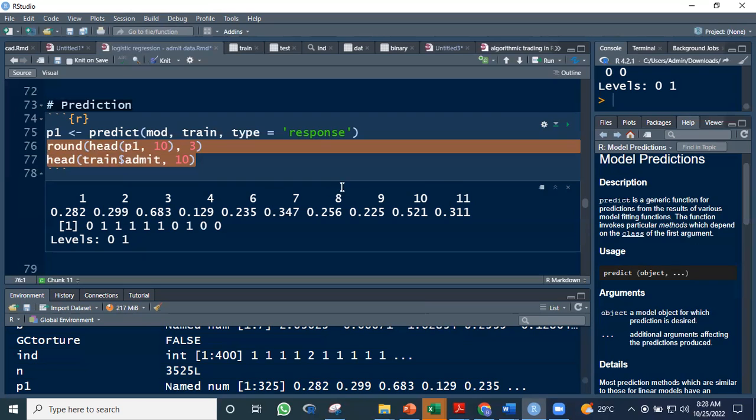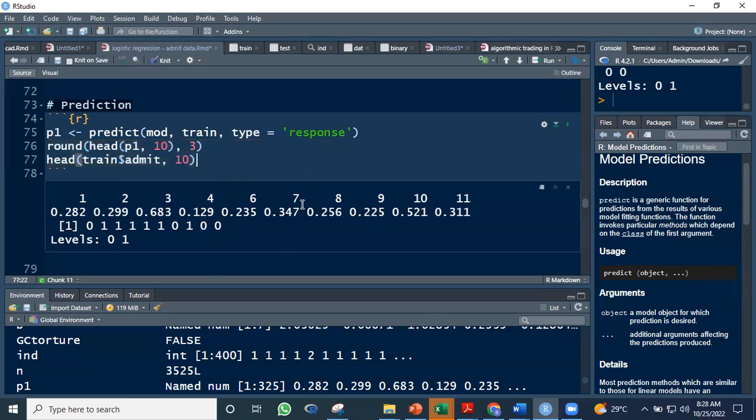Okay, so we can see here, yung first, ilan to? 1, 2, 3, 4, 5, 6, 7, 8, 9, 10. 0.311, not admitted, okay. 0.521, admitted daw, pero not admitted, etc. So for the first 10 respondents, or the first 10 observations natin class, we can see already that there are misclassifications.